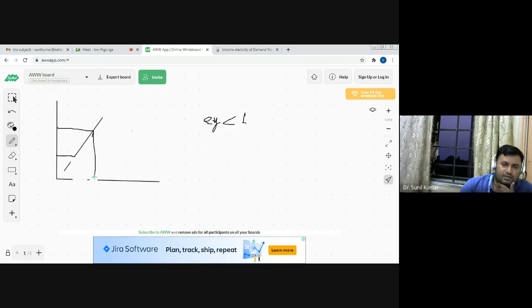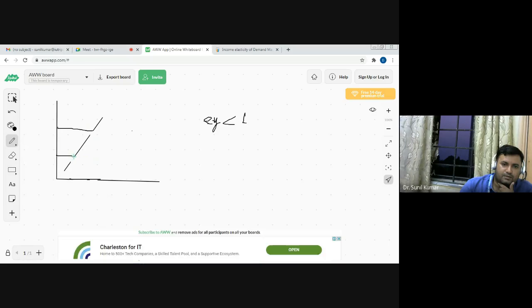This is a straight line, and it will be here.